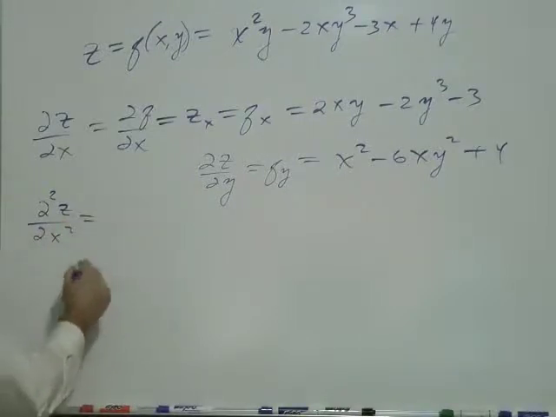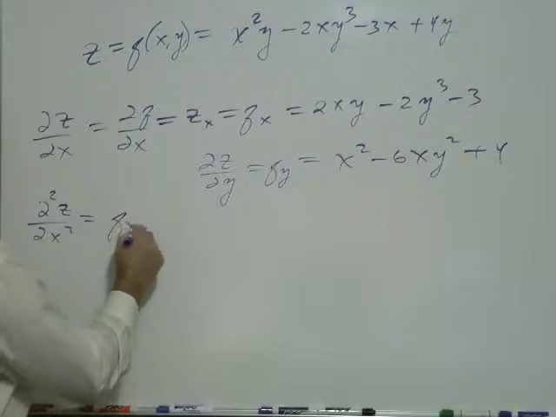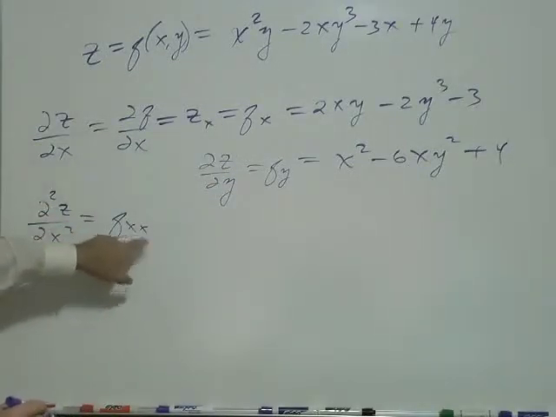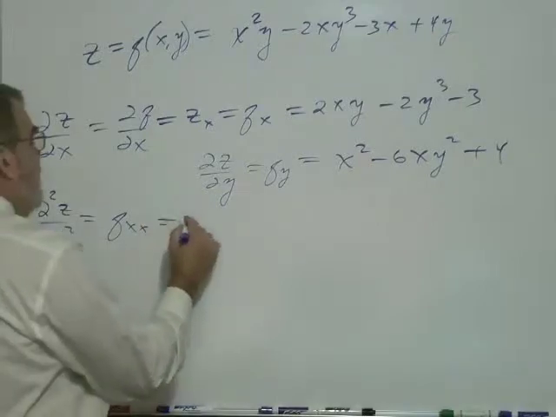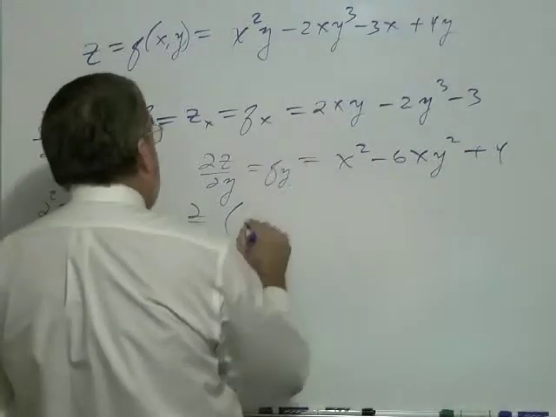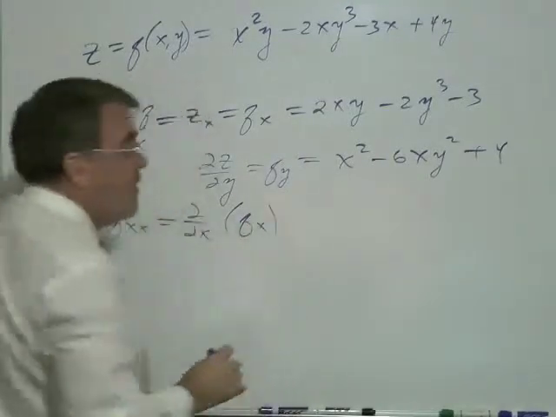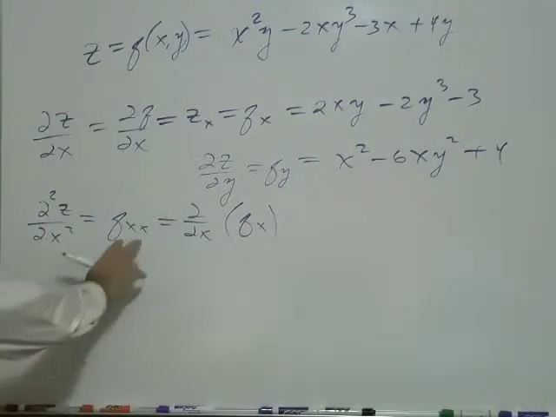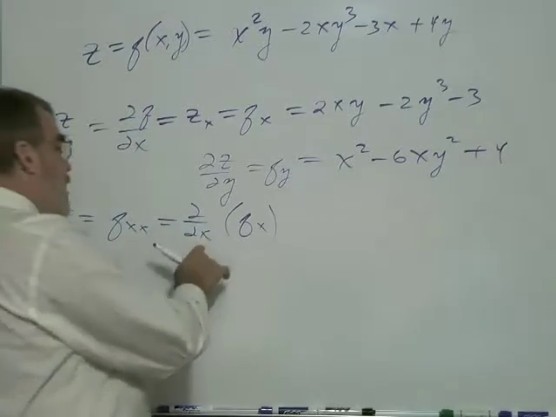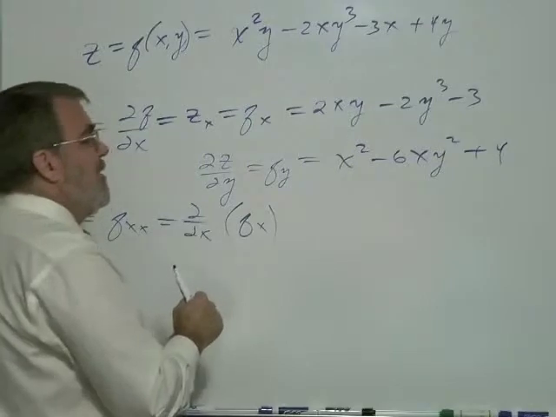It can be written as fxx. You can use all those notations, but with two x's. And so this would be the partial with respect to x of the first partial derivative. Alright, so the second partial derivative with respect to both x's is the partial of the first partial derivative.